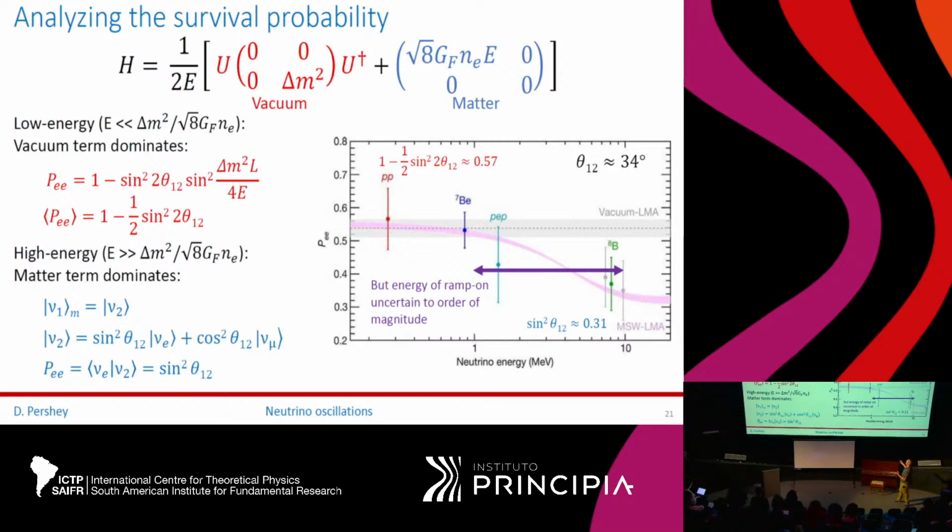So we have sort of an order of magnitude or so uncertainty of where the actual turn-on transition regime between these two survival probability scenarios is, which means that we don't know where this turn-on is. It could be earlier or it could be later. All that our data basically tells us is what the values of the sine squareds are.